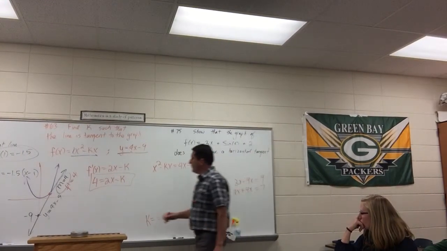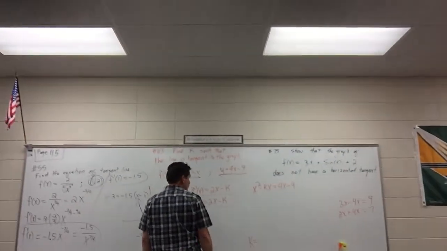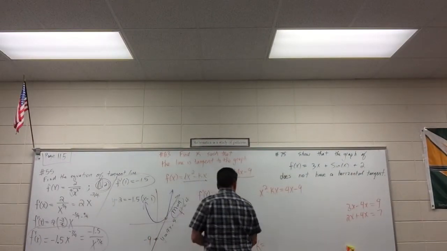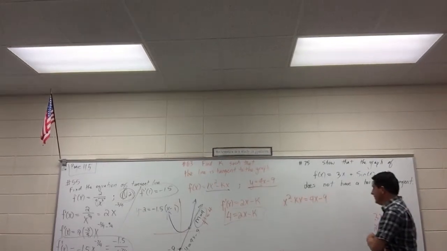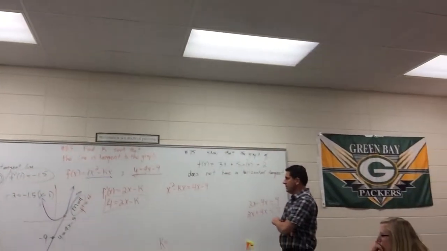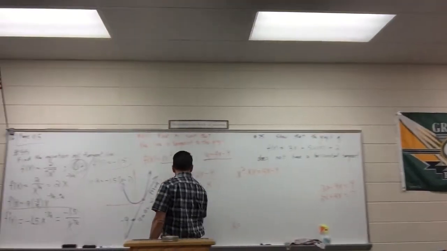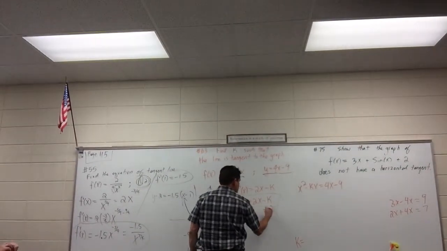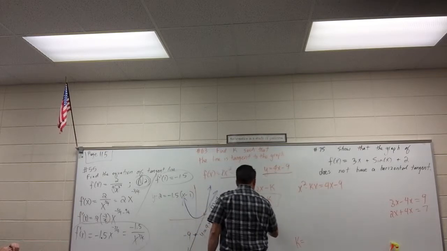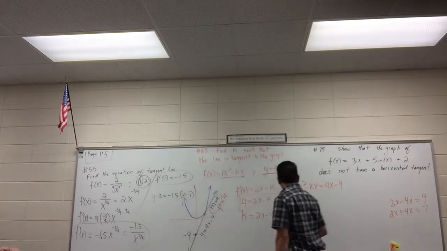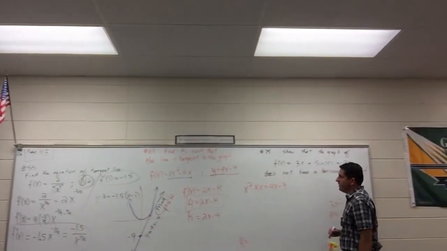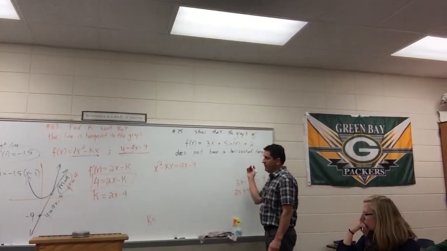It'd probably be prettier to solve this one for k. K is equal to 2x minus 4. So I'm going to plug a 2x minus 4 in for k and then solve this.